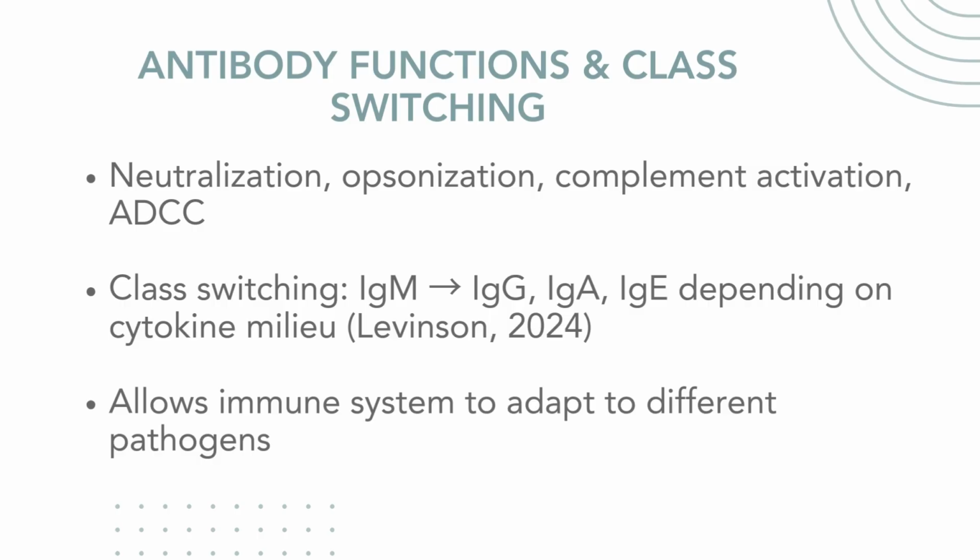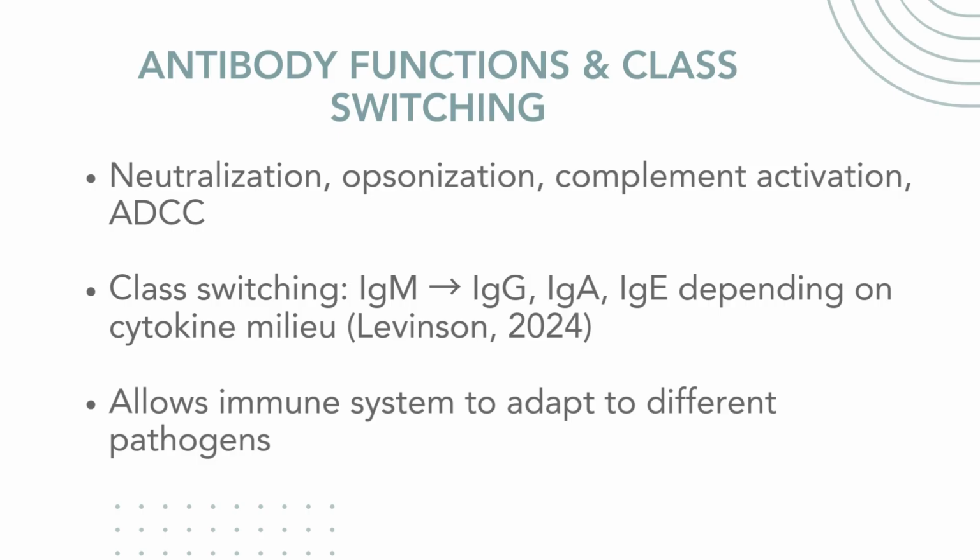Antibody actions. Antibodies are used to protect in several different ways. They can neutralize viruses and toxins, and they also allow phagocytes to engulf pathogens more easily. They are also used to activate the complement system to destroy bacteria.